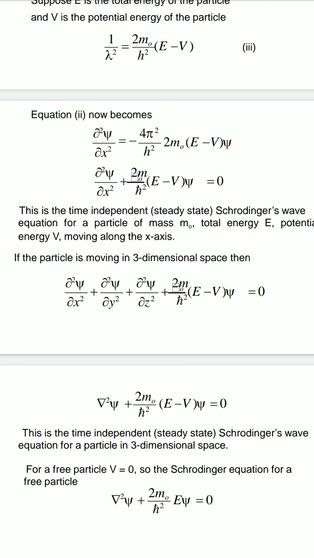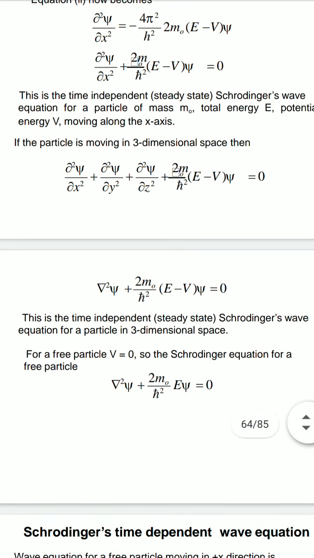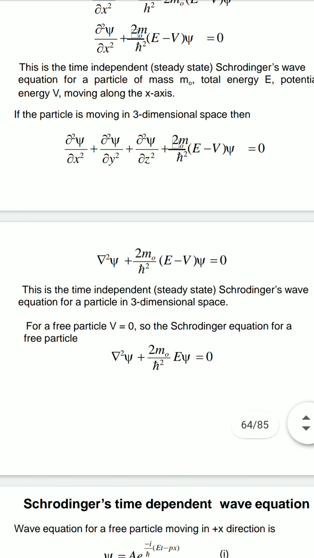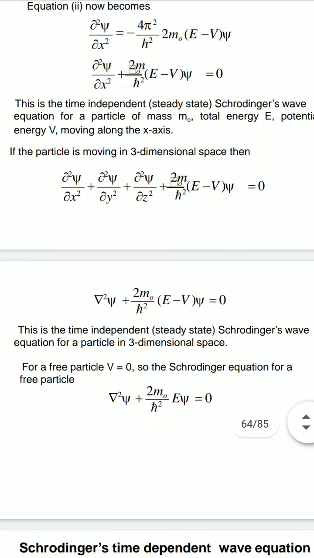So del square of psi plus 2 m0 by h square into E minus V into psi is equal to 0. And this is called the 3-dimensional time independent Schrodinger wave equation. If V is 0, you can reduce it as del square psi plus 2 m0 by h square into E psi is equal to 0.